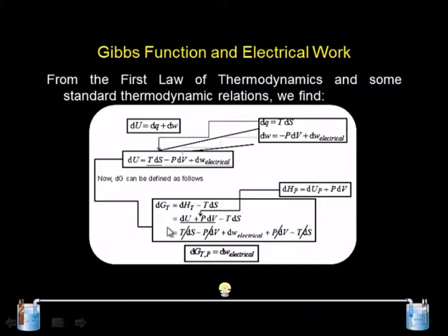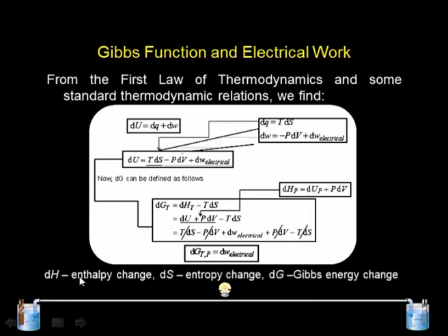Now, from this we write dG is equal to dU plus P dV minus T dS, because the relation dH is very well known, which is equal to dU plus P dV. Now, substituting these values, we get a final equation as dG at constant temperature and pressure becomes equal to dw electrical.